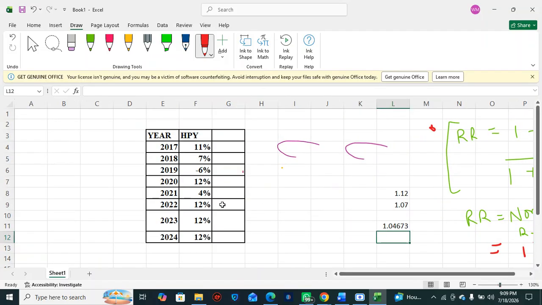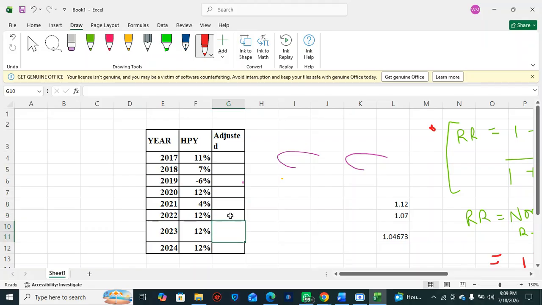So for these 12%, put here adjusted returns. Here put 5%. These historical ones will stay as they are.